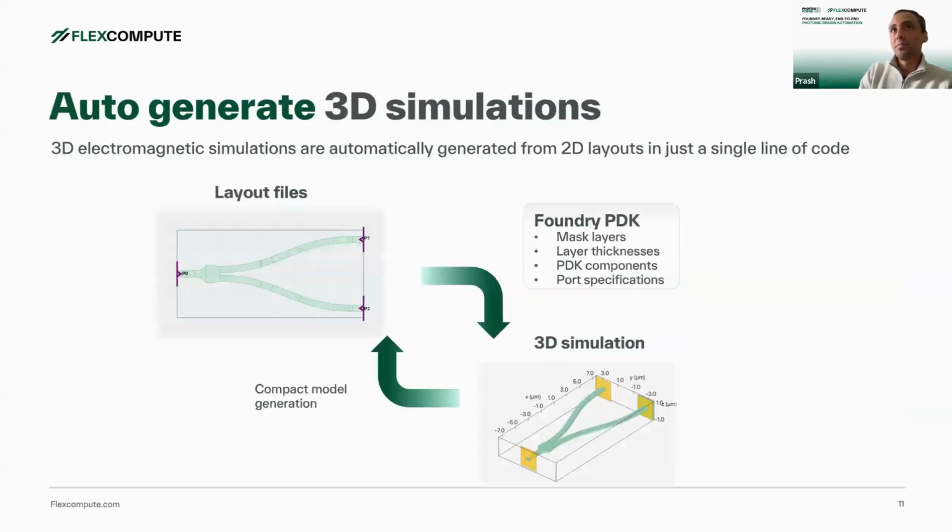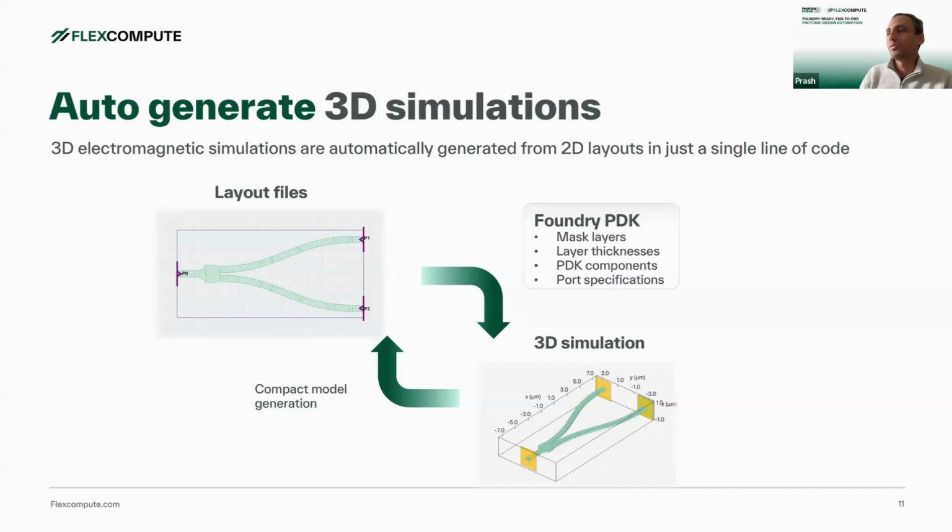One of the things that we can do because we have a lot of our own GPU accelerated solvers is to provide a very seamless way to go from 2D layout files to 3D electromagnetic simulations. And you'll see that this way you don't have to keep rebuilding the geometry over and over again in multiple solvers.